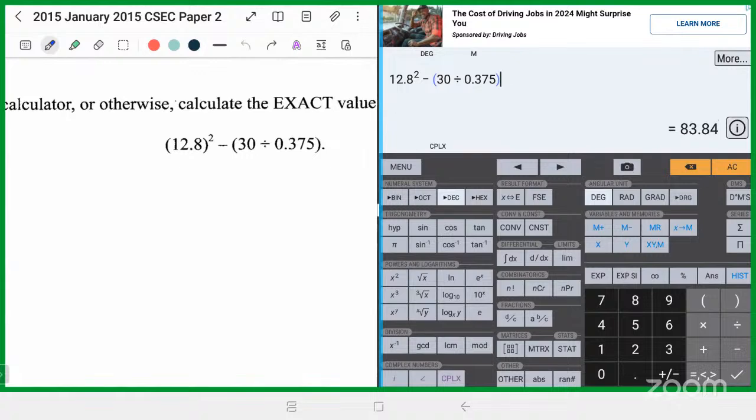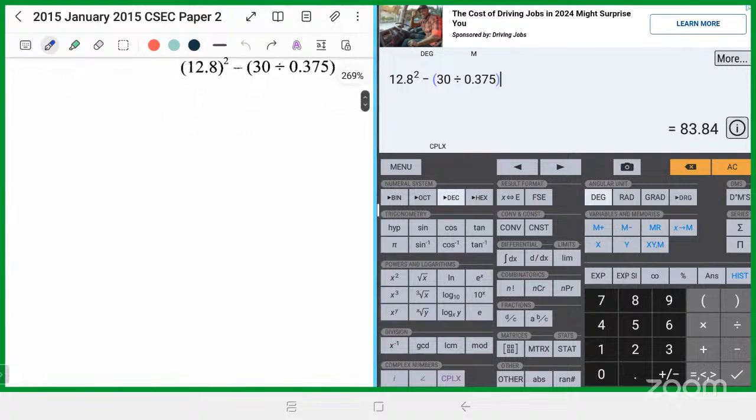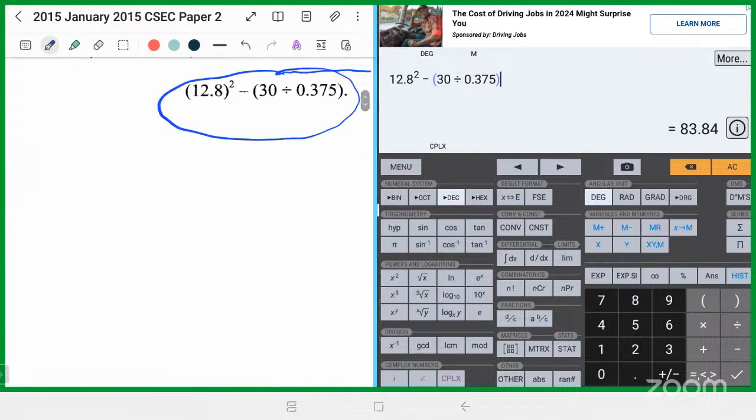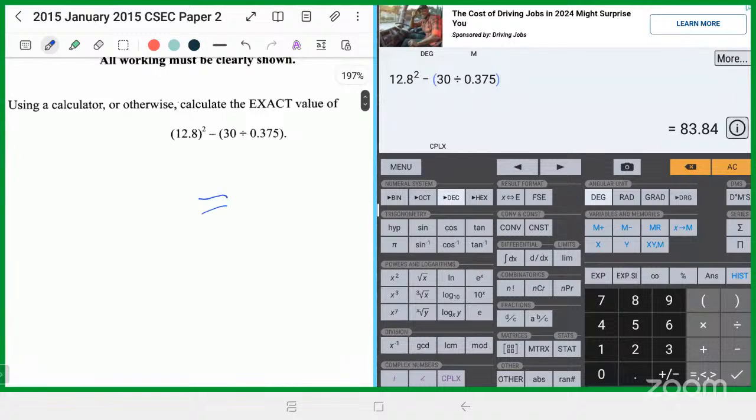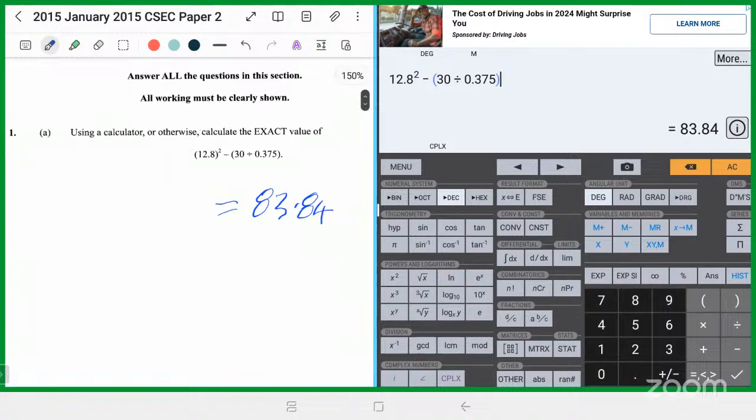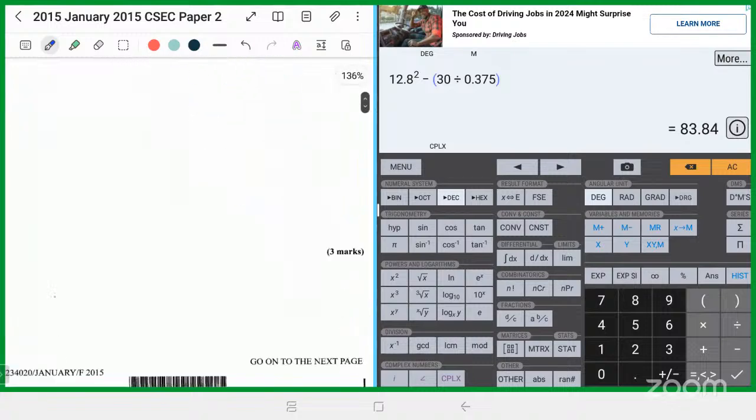That's what I'm getting. I'm just checking that what you have is the exact thing that you typed there. 12.8 squared minus 30 divided by 0.375 gives 83.84. Equals 83.84. What is it? All right.